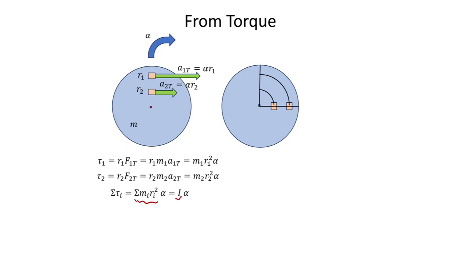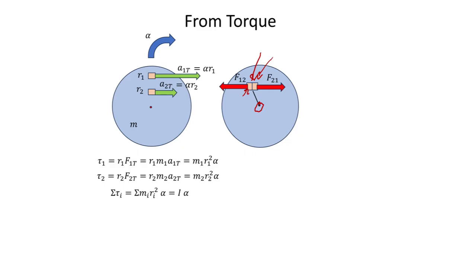One thing to keep in mind is if I add up all of the torques on each of the little pieces, you might wonder, what is that equal to? Do I have to worry about all those internal torques? Actually, it turns out you don't have to, because all of those internal torques are between pairs of objects. So here's my lever arm, and whatever the torque on this guy is, it's caused by the object on the right pushing on it.